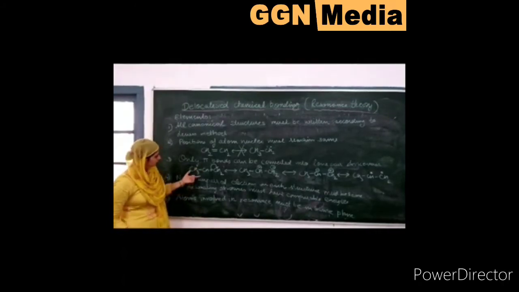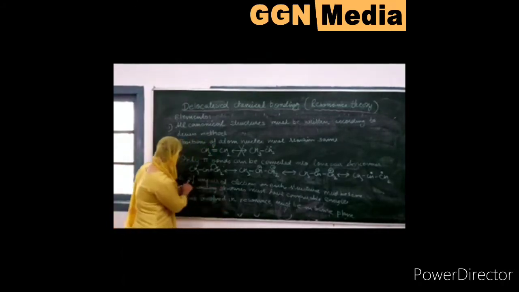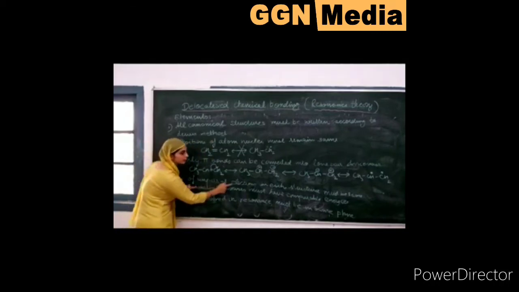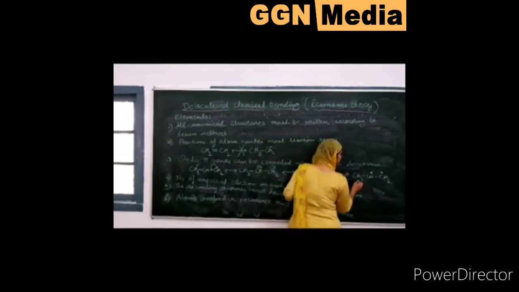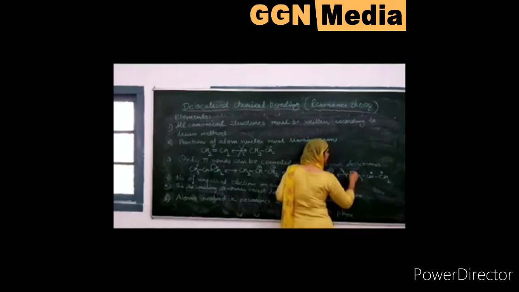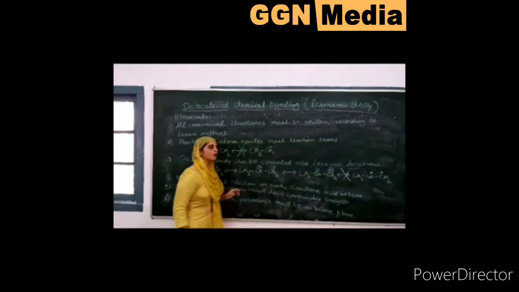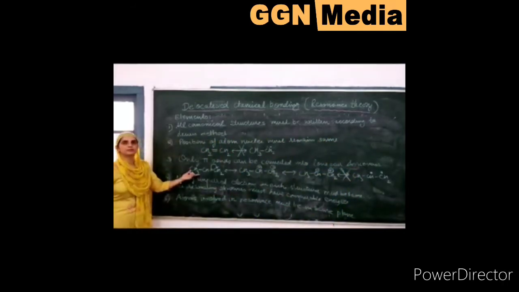So as we know that the number of unpaired electrons in each structure must remain the same, but here we have two unpaired electrons, so this is not a canonical structure of propylene.